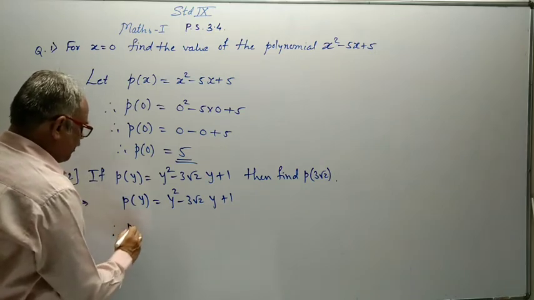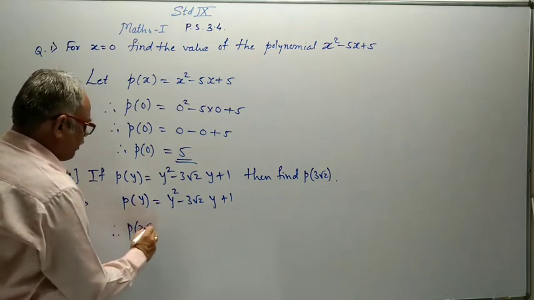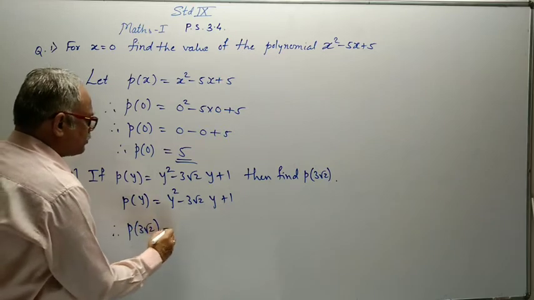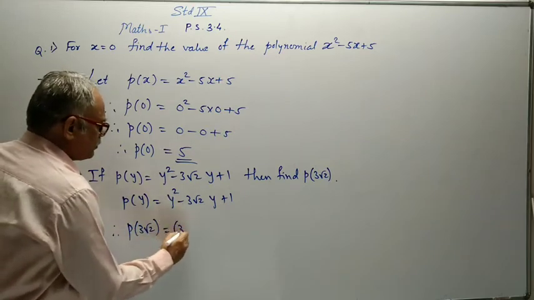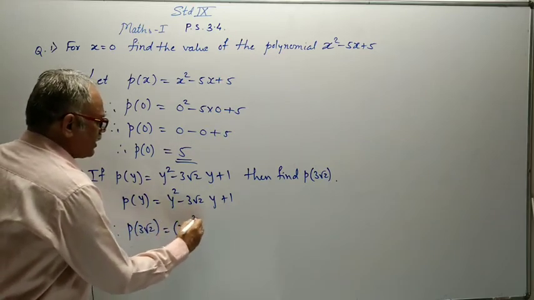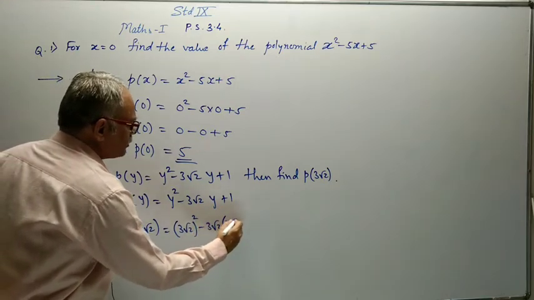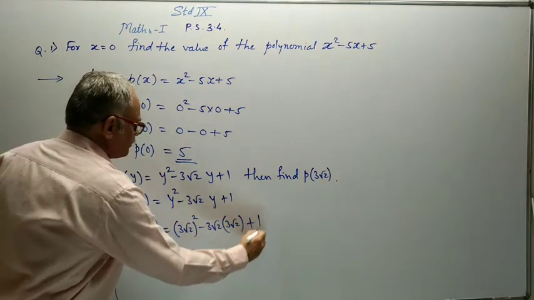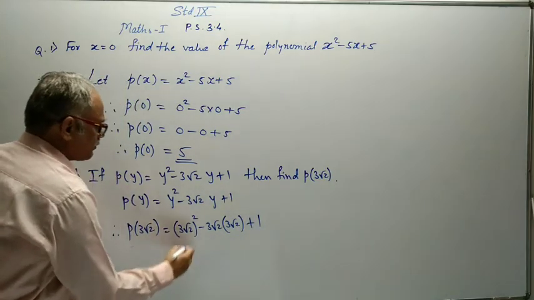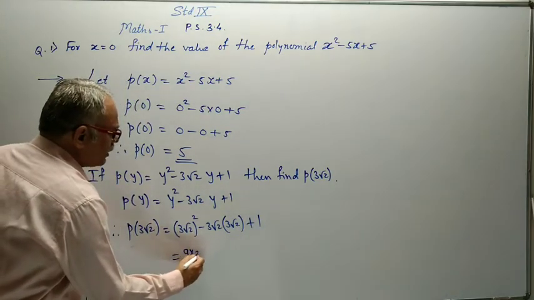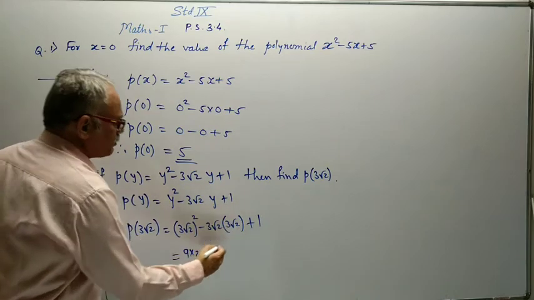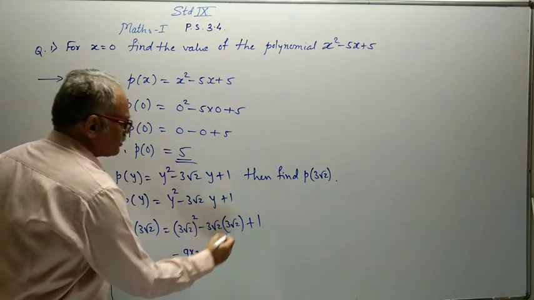Therefore, P of 3 root 2, this value of P of y at y equal to 3 root 2, is 3 root 2 square minus 3 root 2 into y, the value of y is also 3 root 2, plus 1. 3 root 2 square is 9 into 2, minus 3 root 2 into 3 root 2, which is also 3 root 2 square, is also 9 into 2.